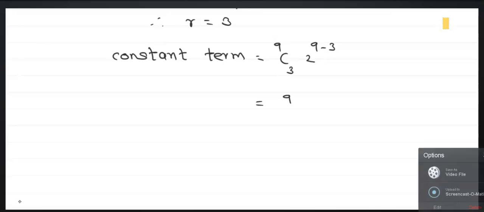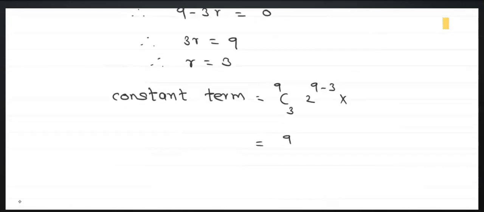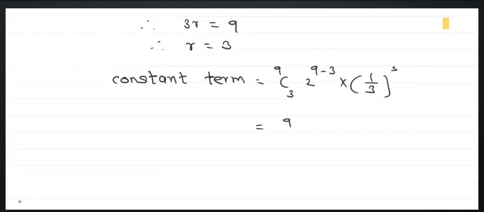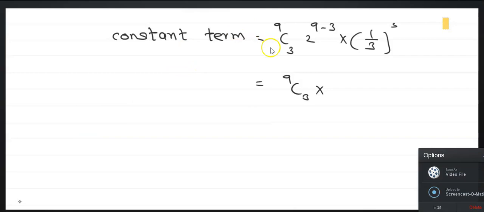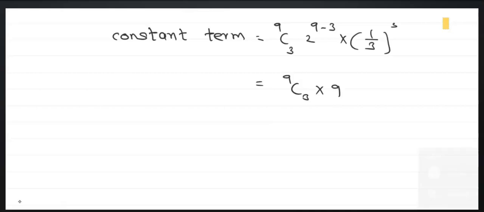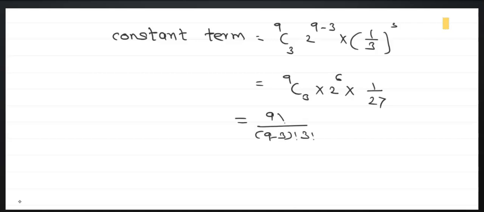We substitute the value. That is 9C3, 2^(9 minus 3) into (1/3)^3. 2^(9 minus 3) means 2^6. 1 upon 3^3 means 1 upon 27.